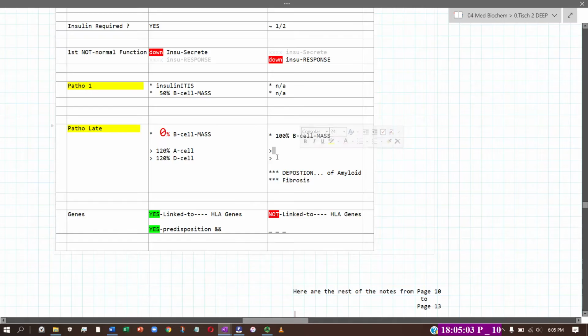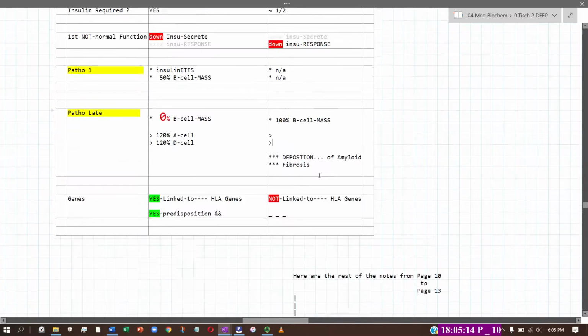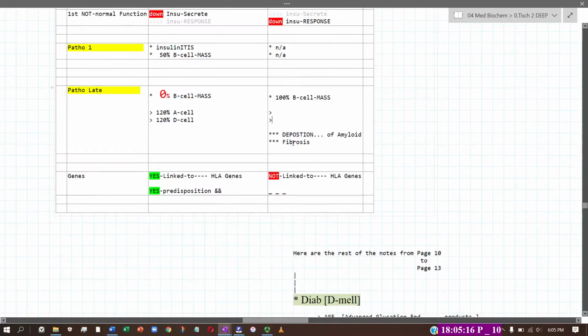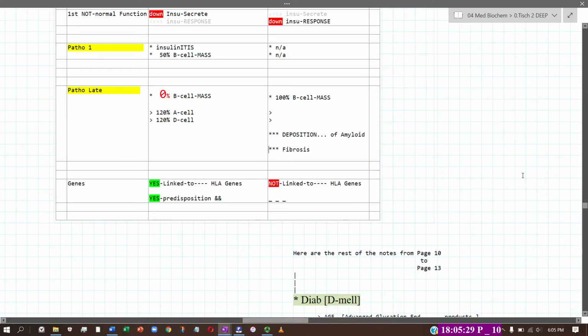Here it's left blank because there were no notes about this, so I'm assuming let's just ignore things related to alpha cells and delta cells for type 2 diabetes. What is relevant is the following. There exists deposition of amyloid, and there exists fibrosis. And that's definitely relevant. Cool.